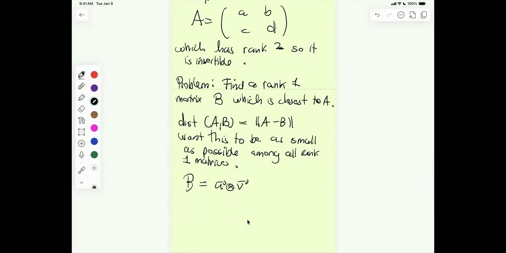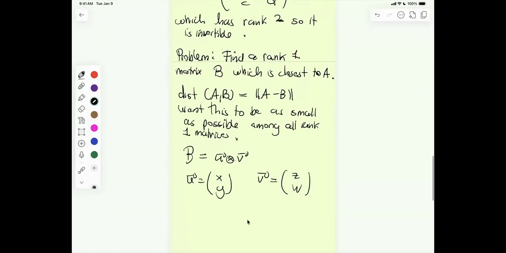But since I don't know what U and V are, let's say there are two unknowns for U and two unknowns for V, right? And if you do the tensor product of U with V, I'm writing it this way so that you think of them as traditional variables from Calc 3.